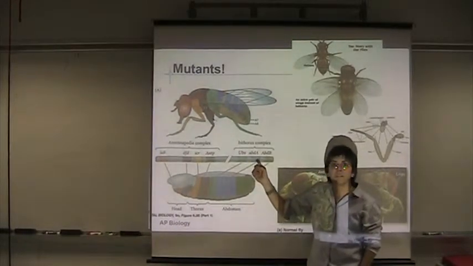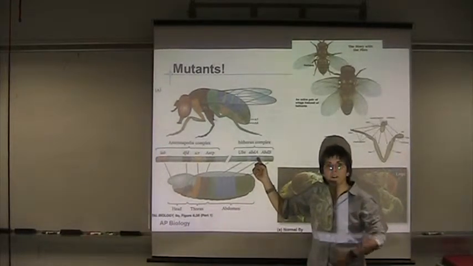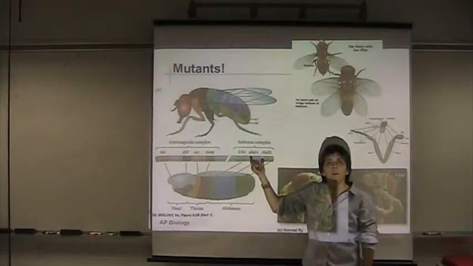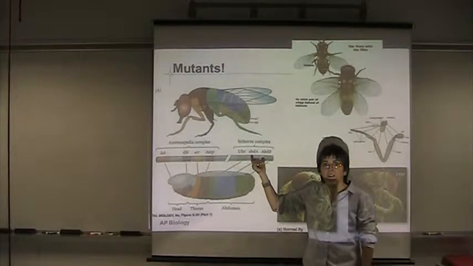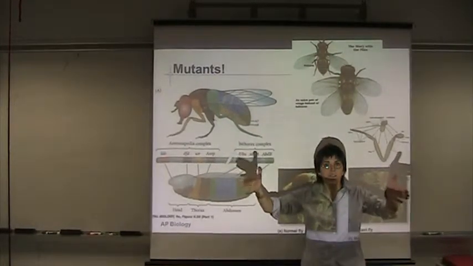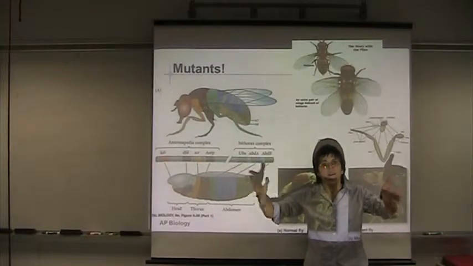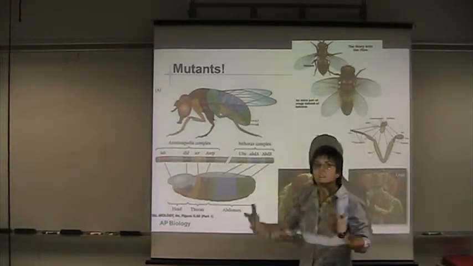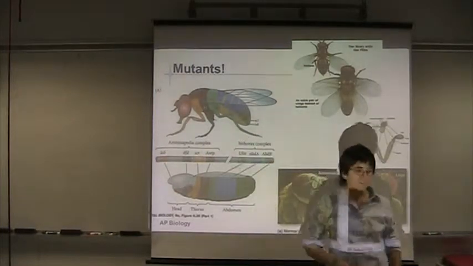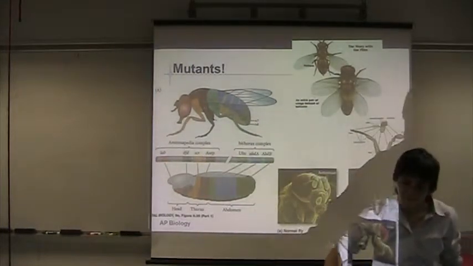What happens if there is a mistake during DNA replication and you copy this section twice? So now you have double this gene, you might have double this. You have a longer abdomen. This is how changes in the organisms are going to happen. This is what's going to change the morphology of the creatures.